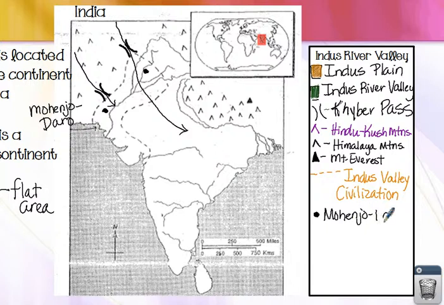And you're going to learn more about these because, as you know, I've got a couple of videos to tell you about Mohenjo-Daro. And the other one is Harappa, H-A-R-A-P-P-A. We're going to come to our map key, and we're going to make another one to represent Harappa, right? And we're going to learn more about both of those civilizations as we go through India.